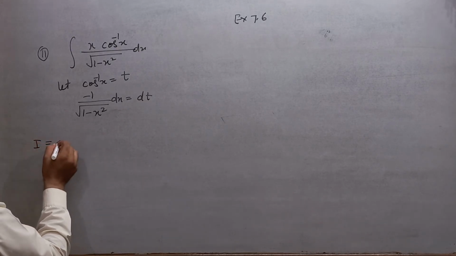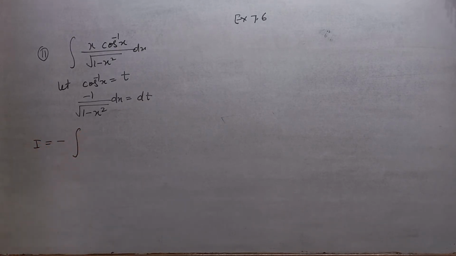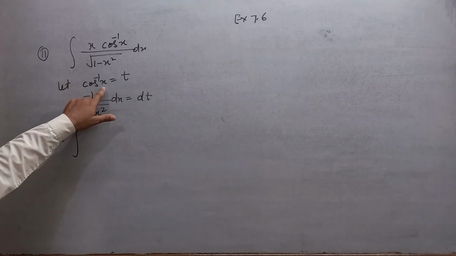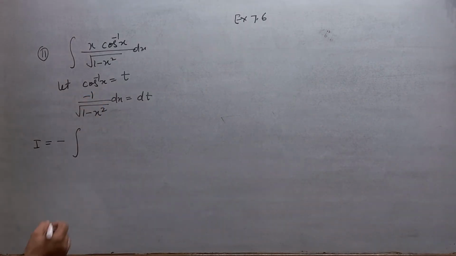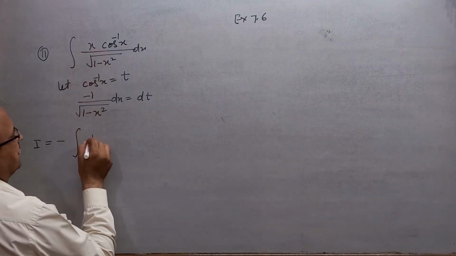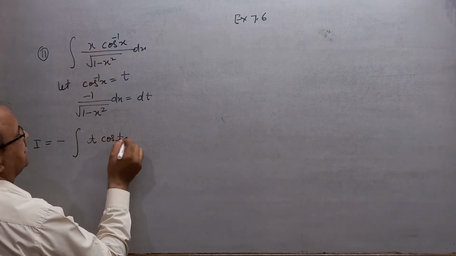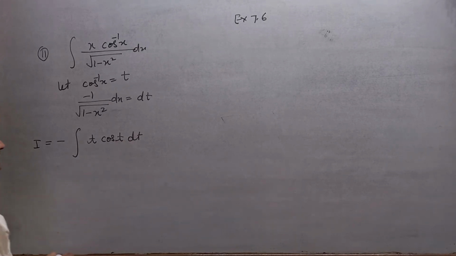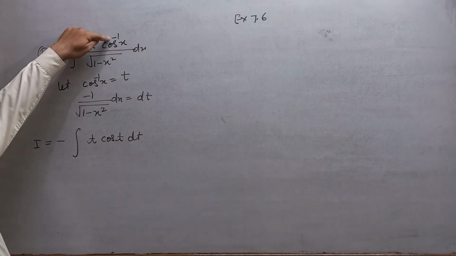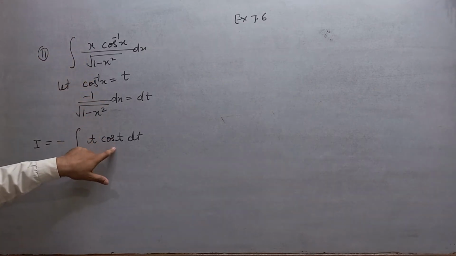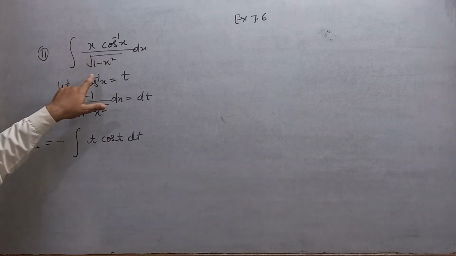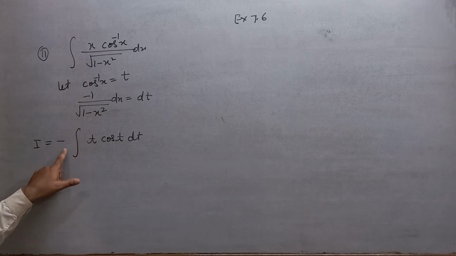Therefore you can write, what is the value of x from here? Can you tell me? Value of x is cos t. You can put here t cos t dt. In this place you can write t, and in this place cos t, and 1 upon root 1 minus x square dx is minus dt.